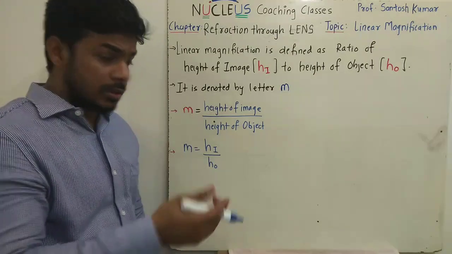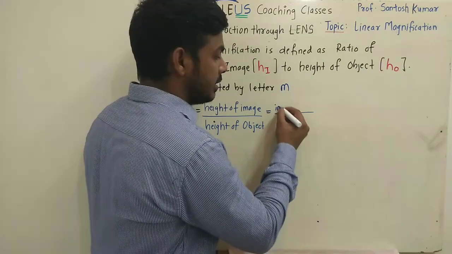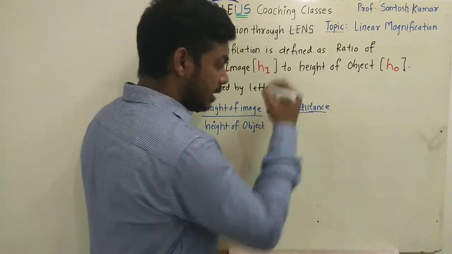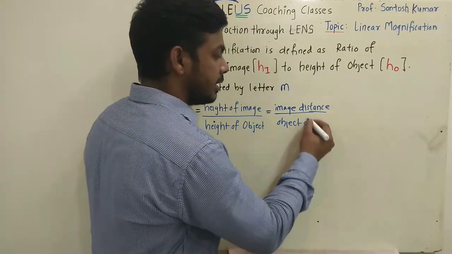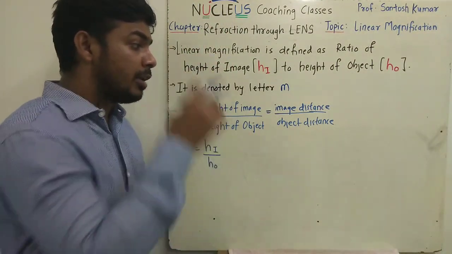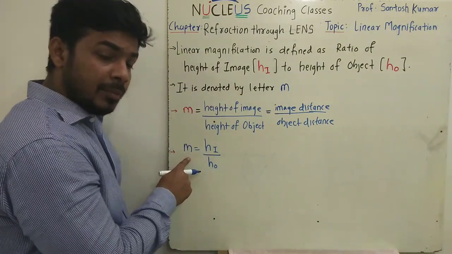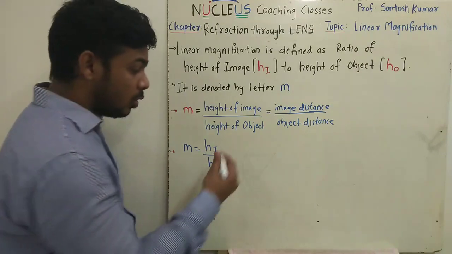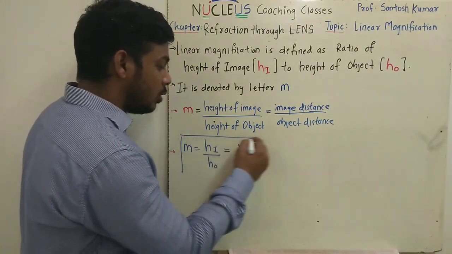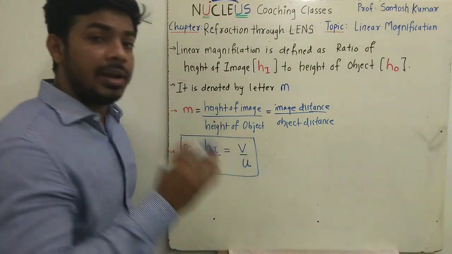Theoretically, this ratio is also equal to image distance upon object distance. So linear magnification m can be written as hi by ho, or it can also be written as v by u.